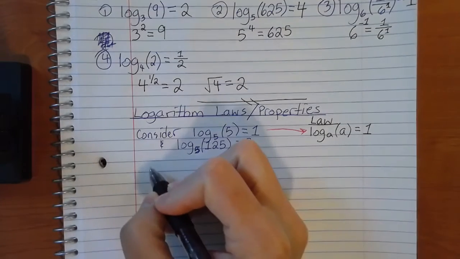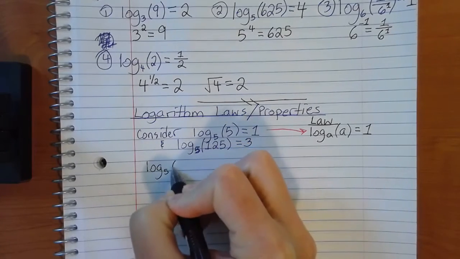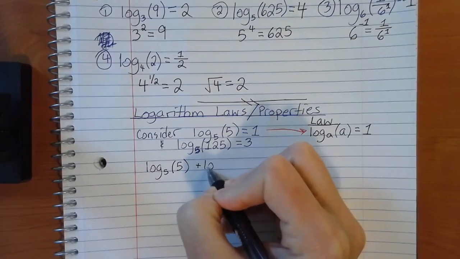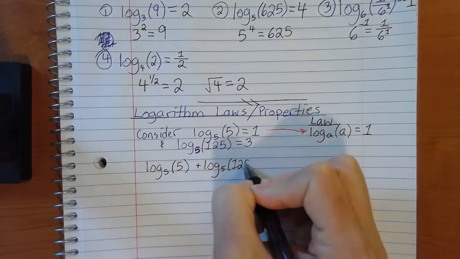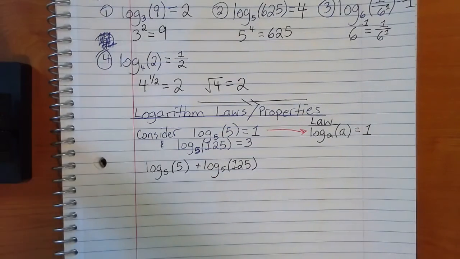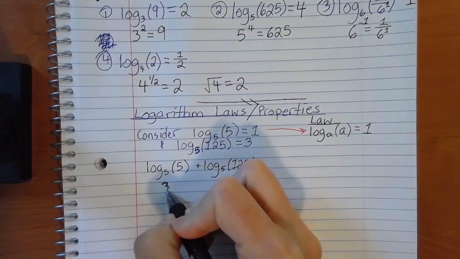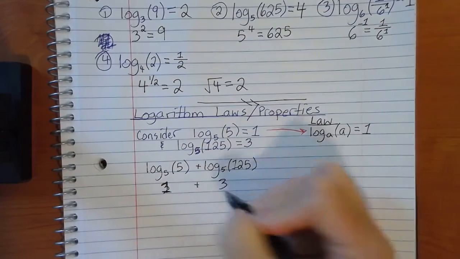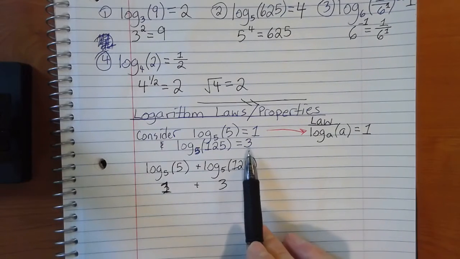If I took those two logarithms and I wrote log base 5 of 5 plus log base 5 of 125, that would be the exact same thing as writing 1 plus 3. I already know that log base 5 of 5 is equal to 1, and log base 5 of 125 is equal to 3.